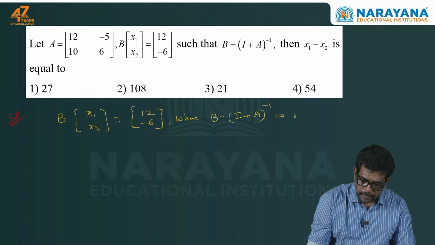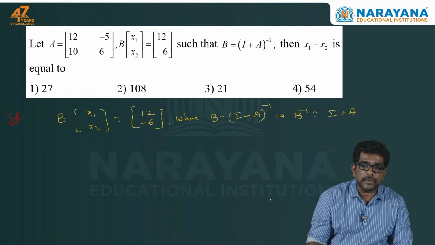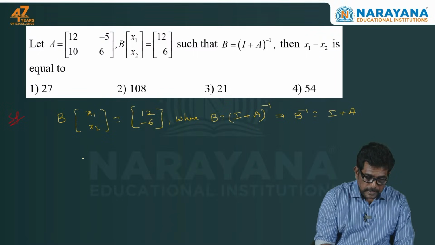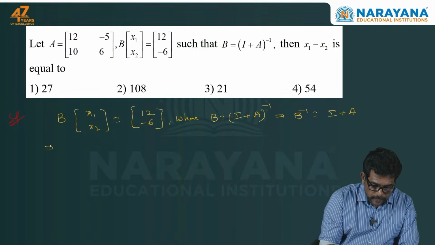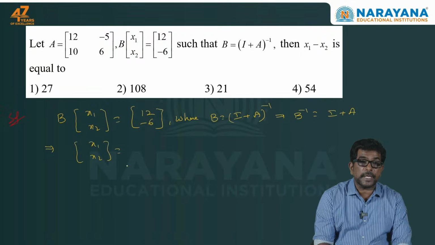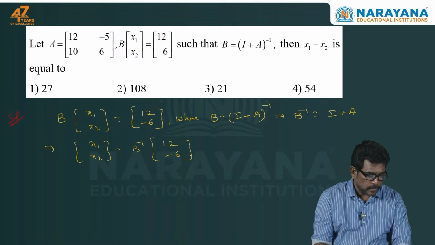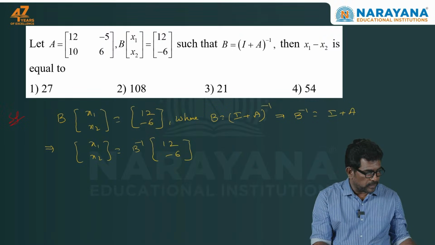Now from this, B inverse is equal to I plus A, whereas A is given and I is the second order unit matrix. So here B into [x1; x2] is equal to [12; -6]. I am going to pre-multiply with B inverse. Here we get B inverse into [12; -6].